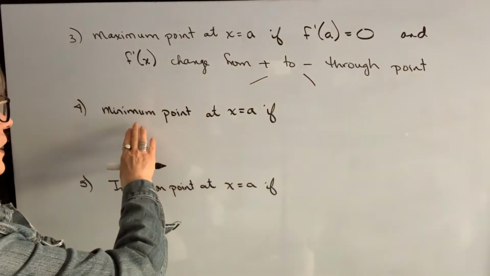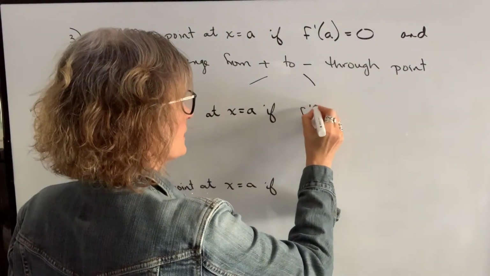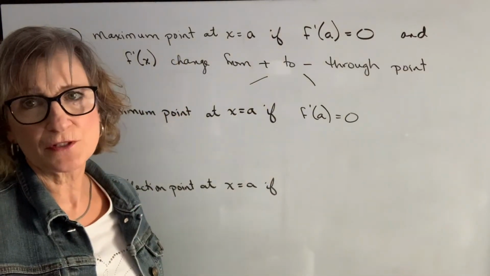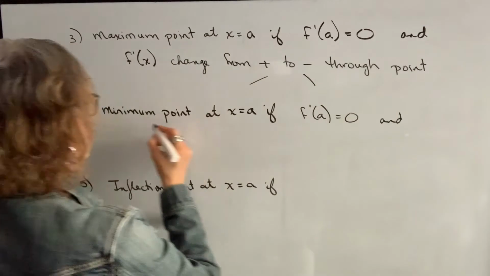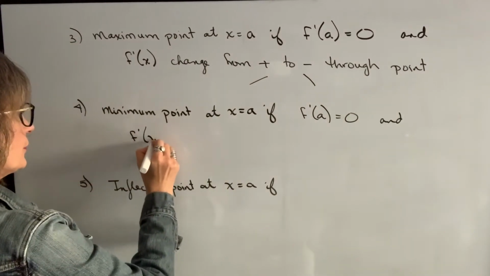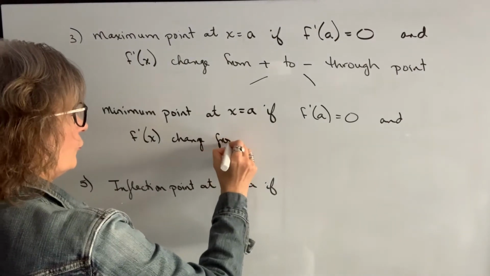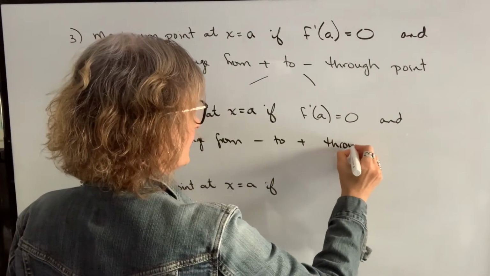Similarly, you will have a minimum point at x equals a if the first derivative is 0. So maximum, minimum points have to have a slope of 0 or a derivative of 0. And the slope or the derivative has to change from negative to positive through your point x equals a.